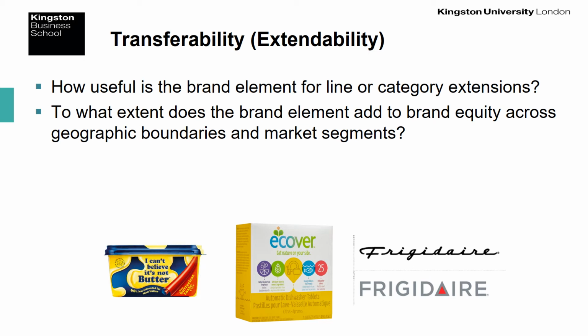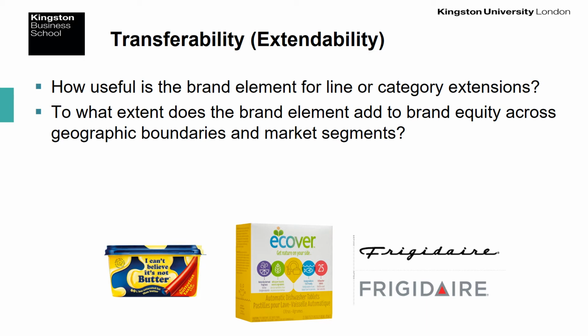In the middle, we've got the eCover brand, which is a range of environmentally friendly, green, home cleaning products like dishwasher tablets, laundry detergent, washing up liquid, etc. So how transferable is this across country boundaries, for example?